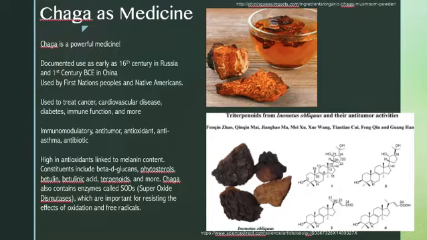And that has been found to have a higher nutrient and medicinal constituent profile in the colder months. Also, in the summer, there's going to be a lot more water in the chaga, and so it just won't be as dense with medicine.